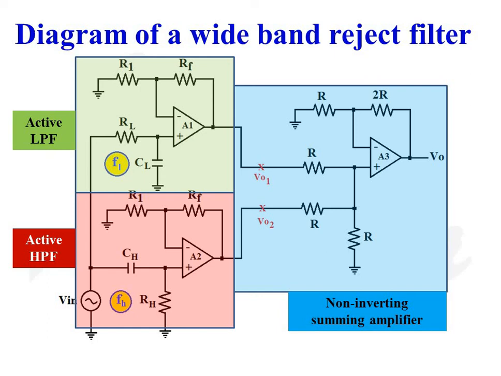Operational amplifier A2 along with resistors R1, RF, RH and capacitor CH forms an active high pass filter. Operational amplifier A3 along with resistors of value R and 2R forms a non-inverting two-input summing amplifier.